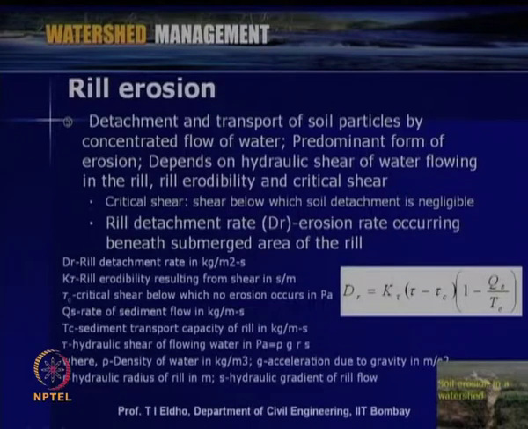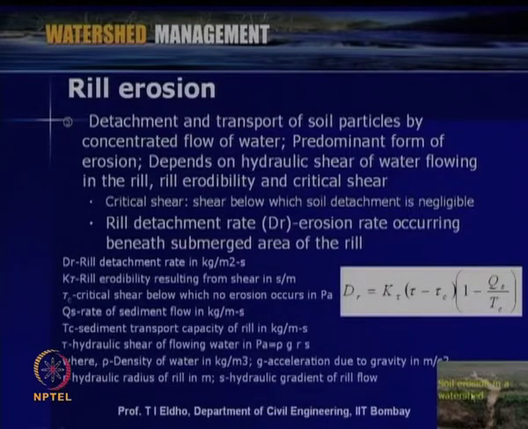In most watersheds, rill erosion is one of the major types of soil erosion, and it depends on the hydraulic shear of water flowing in the rill, the rill erodibility and the critical shear. Here, critical shear means the shear below which soil detachment is negligible.